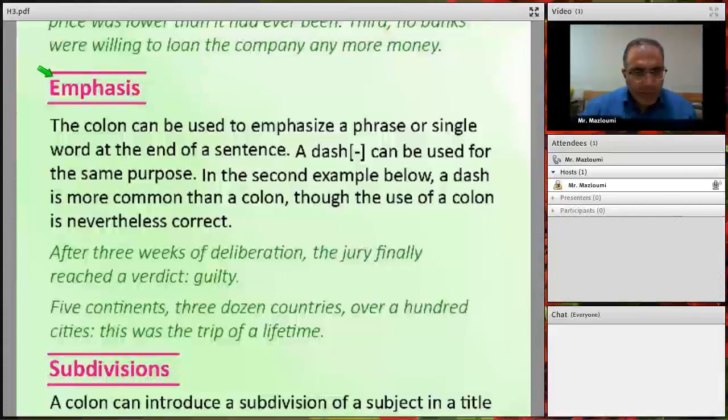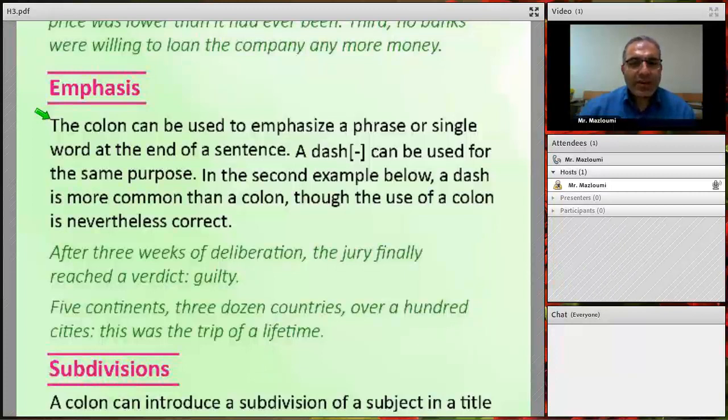Alright, well, the next use of the colon is emphasis. Emphasis is the noun form of emphasize. Emphasize. We've got it here. So emphasis means importance. Emphasize means to stress, to show the importance of something. So, the colon can be used to emphasize a phrase or single word at the end of a sentence.